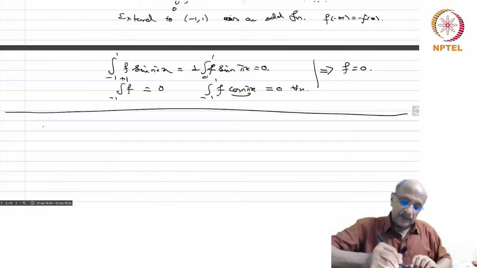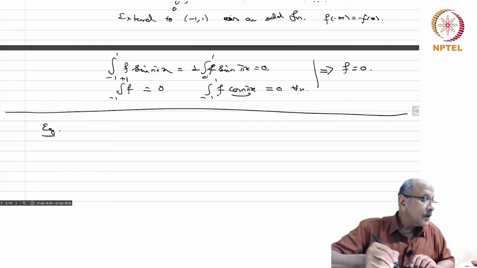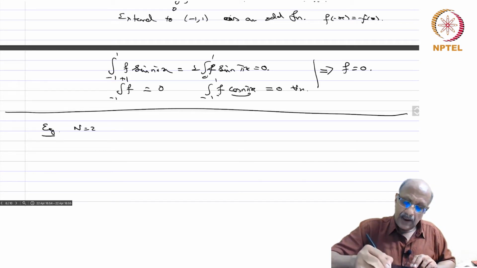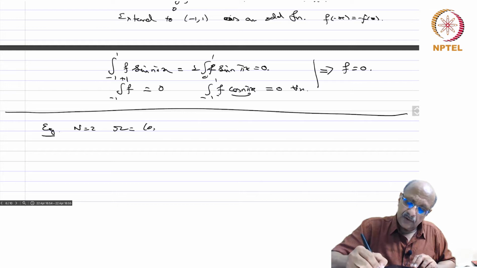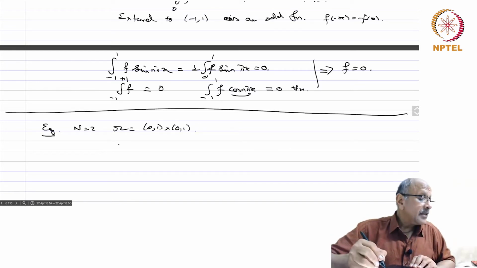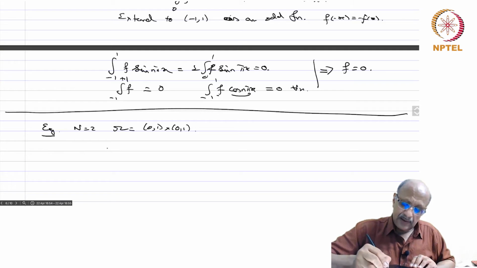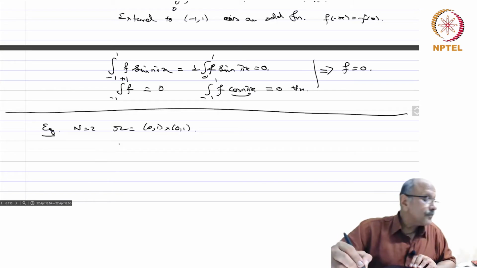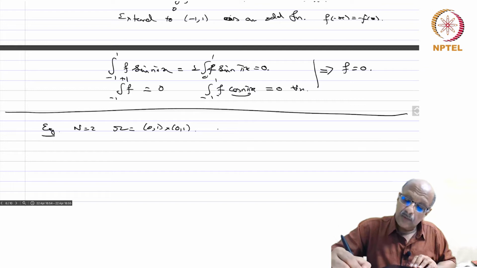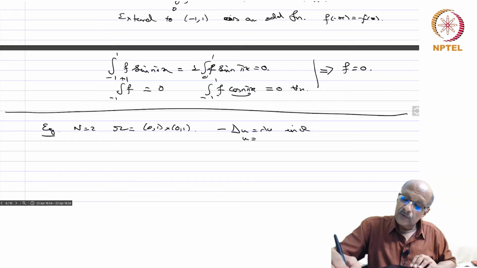Next example: take n equals 2 and take omega to be the product (0,1) cross (0,1). We want minus Laplacian u equals lambda u in omega, and u equal to 0 on gamma.